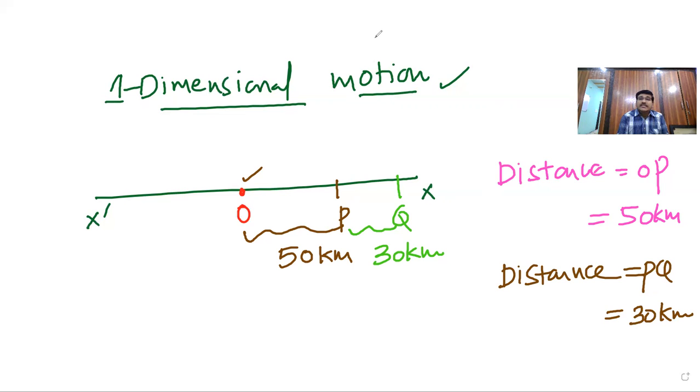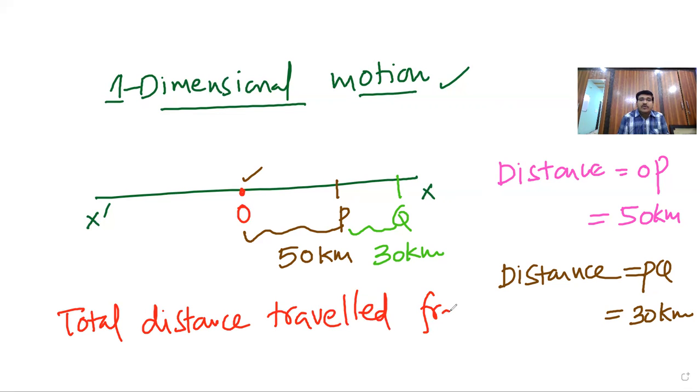The total distance traveled from O by the object is OP plus PQ towards the positive x-axis.